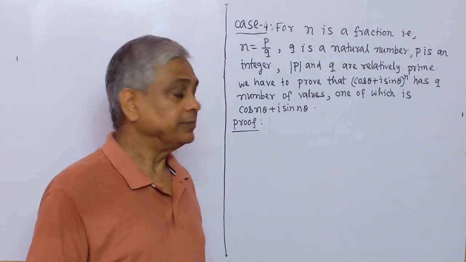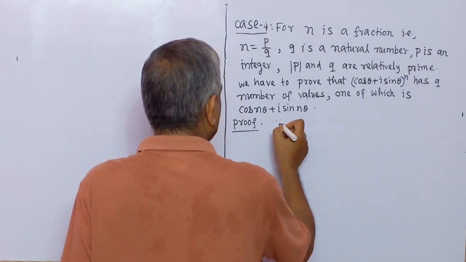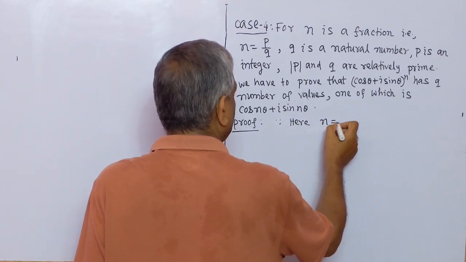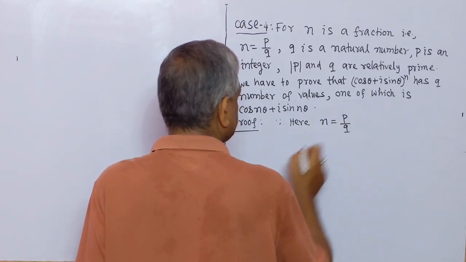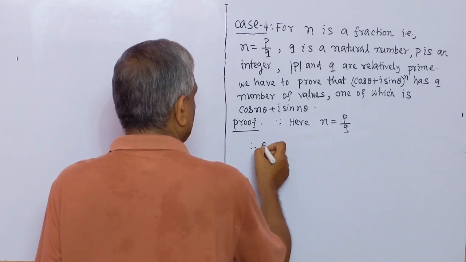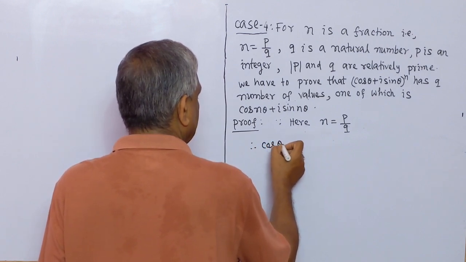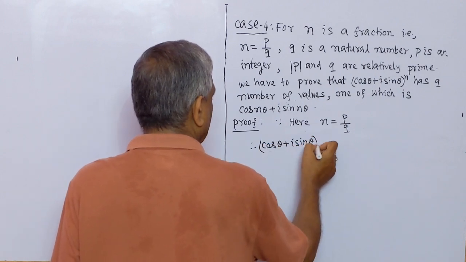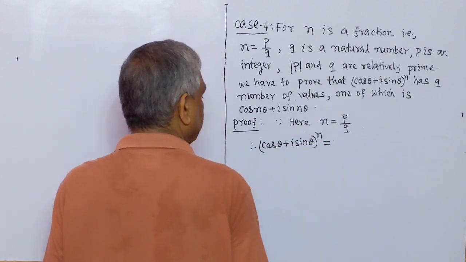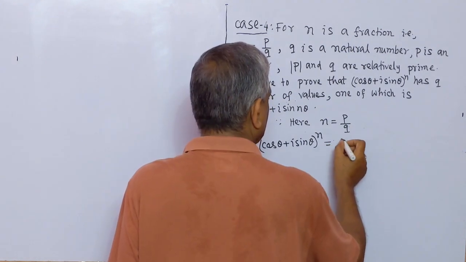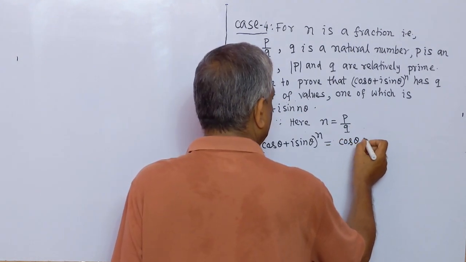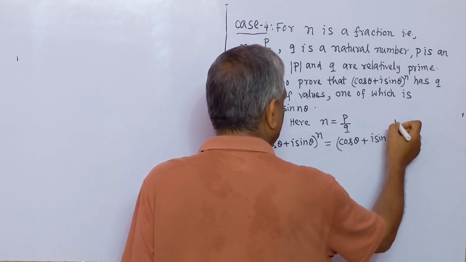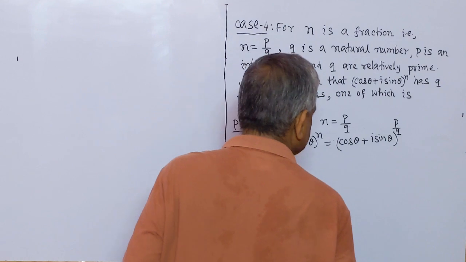Now we prove this. Since here n equals p by q, therefore (cos theta plus i sin theta) to the power n equals (cos theta plus i sin theta) to the power p by q.